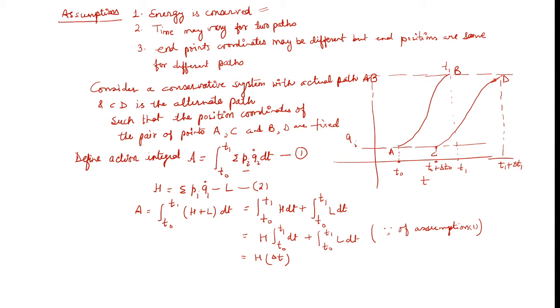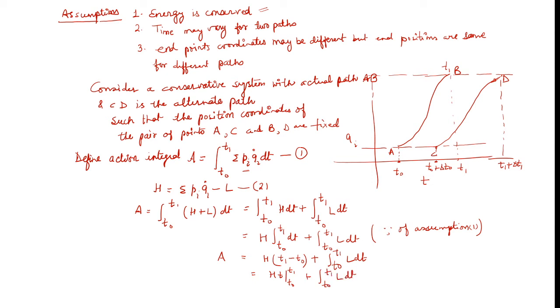So this will be H of t1 minus t0 plus the integral from t0 to t1 of L dt. This all is A. So you can say this is H T for the variation t0 to t1 plus the integral of L dt.